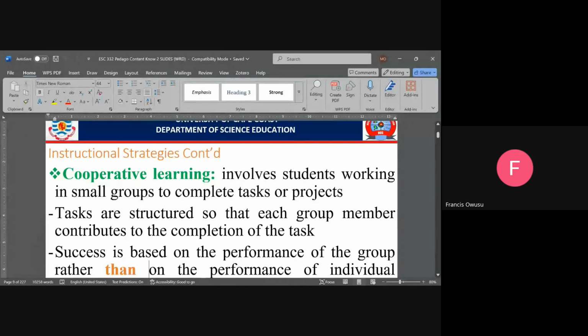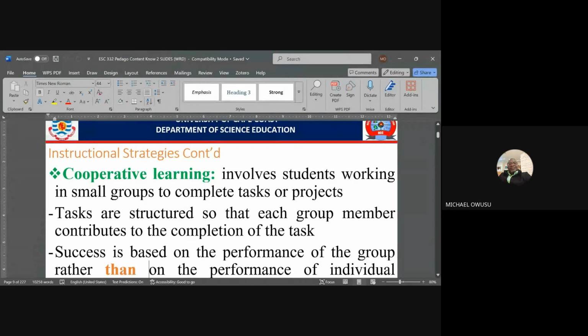Yes, no. So like I said, cooperative learning involves students working in small groups to complete a given project or task. And the tasks are structured. You don't just ask them to do anything. You, the teacher, control whatever they are doing. So we say whatever task you give them is structured so that each group member contributes to the completion of the task.